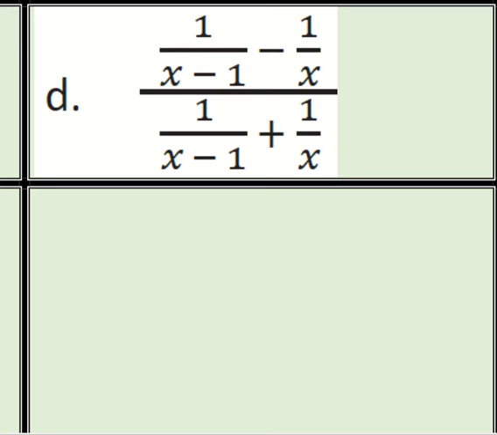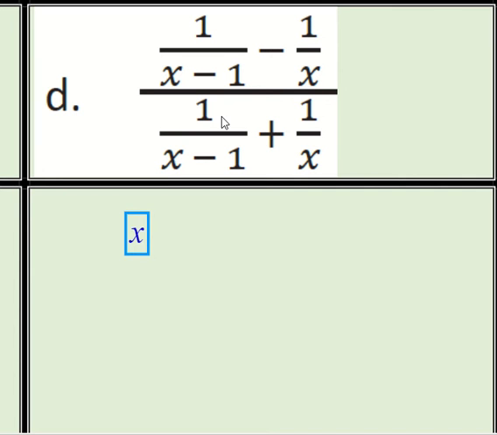Okay, so for question 5b, here I'm going to start by getting that common denominator right from the get-go. So this side's going to multiply by x, so 1 times x is x. 1 times x minus 1, so that's actually negative 1.